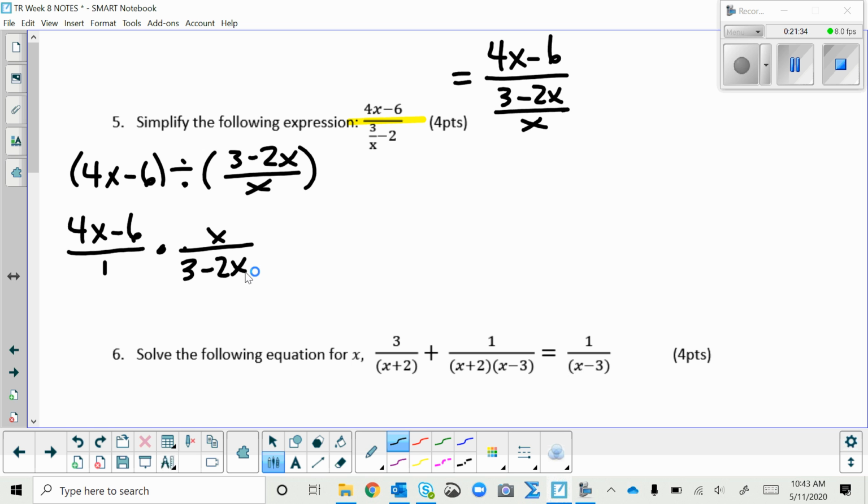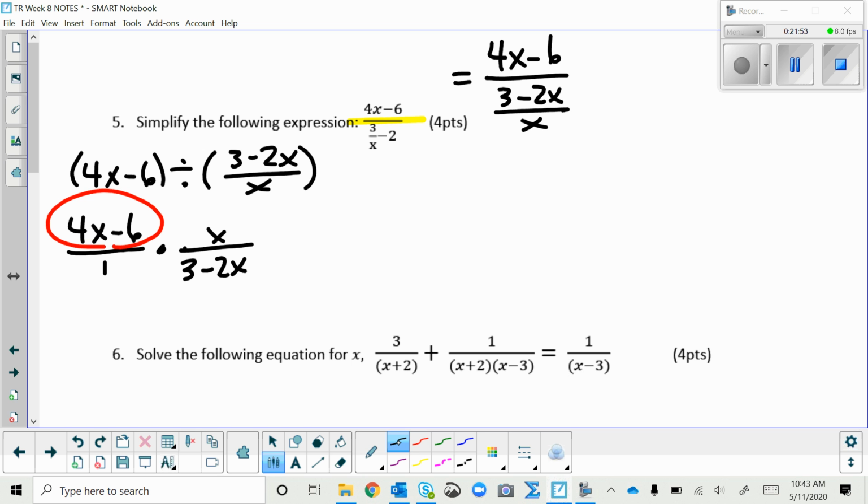Just like in the last problem, we want to factor wherever we can. And the only place I see to factor is this numerator right here with a GCF. What's the GCF for those two terms? It's 2, right? Okay.